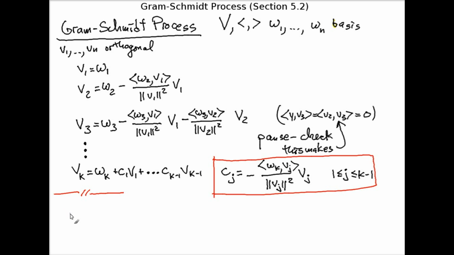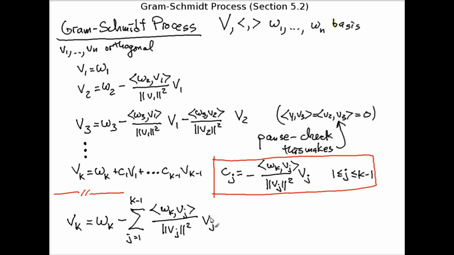The Gram-Schmidt process says that VK is equal to WK minus the summation, J runs from 1 up to K minus 1, of WK VJ over the length of VJ squared times VJ. So this is just really the same thing as this. It's just put in summation notation.